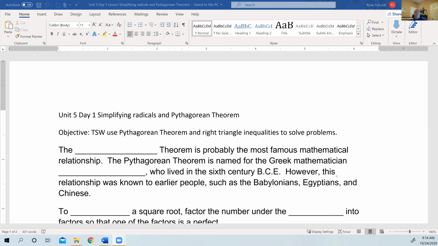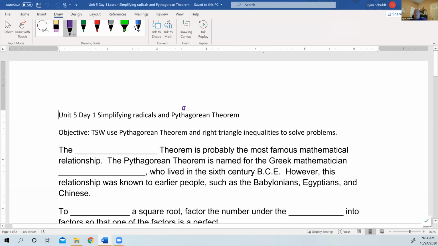So with that being said, we're going to look at simplifying radicals and the Pythagorean theorem. Remember, we've already looked at this once. This is the whole thing that says a squared plus b squared equals c squared. So we'll look at that in more detail.